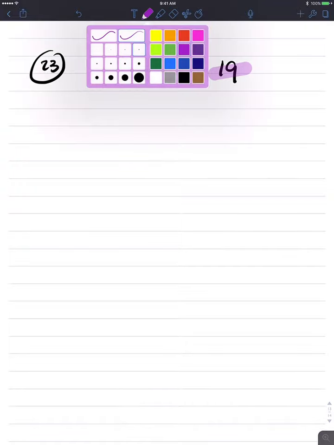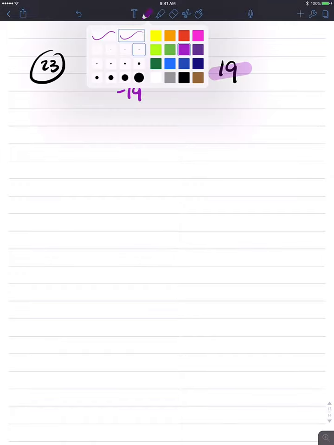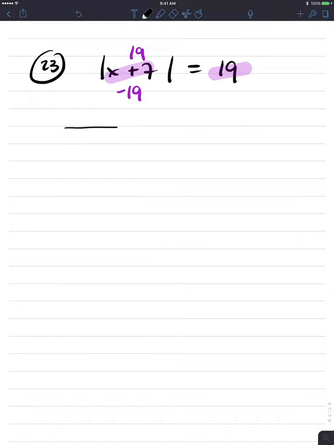Number 23, the absolute value of x plus 7 is 19. X plus 7 is positive 19, so we have two scenarios again. My x plus 7 is positive 19, or my x plus 7 is negative 19, because the absolute value of both of these is 19. And here we go.